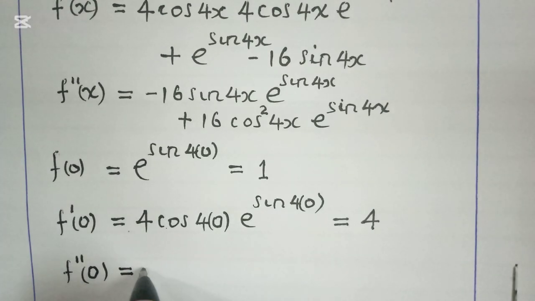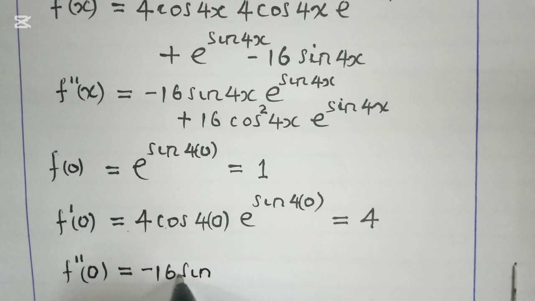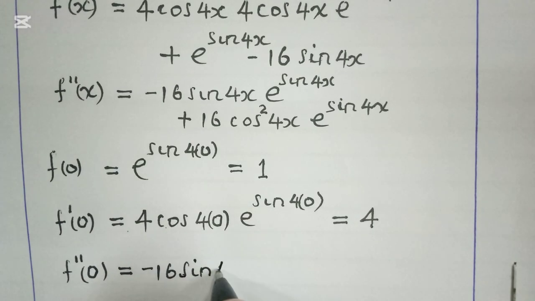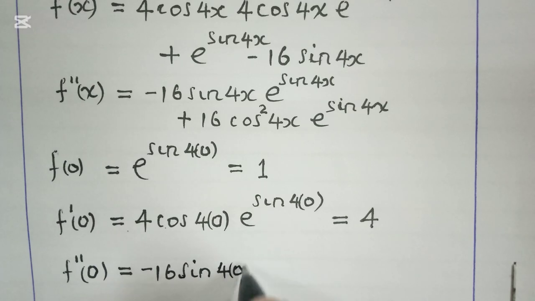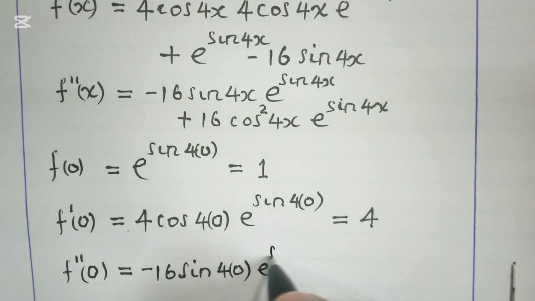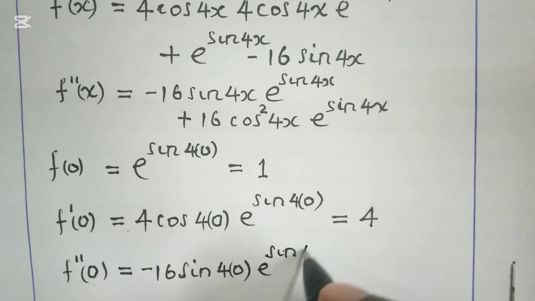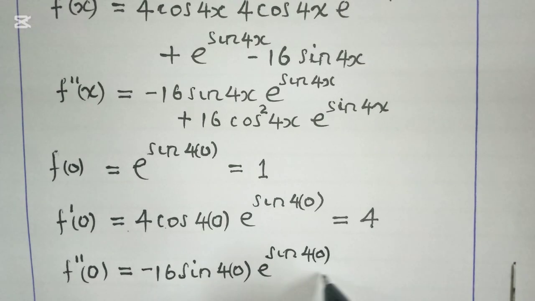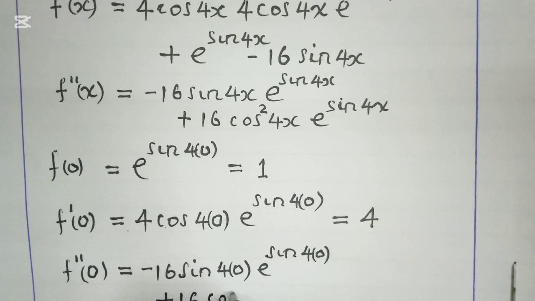So this one will be negative 16 sine 4, we put 0 there, e raised to sine 4, we put 0 there, plus 16 cos squared 4 0.